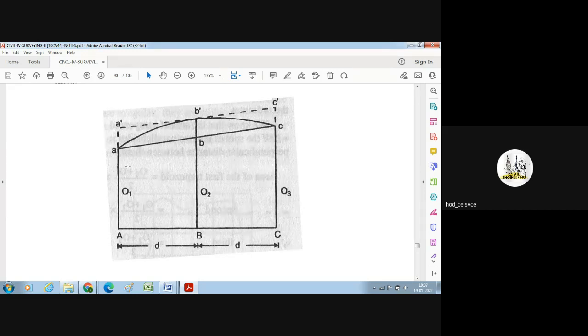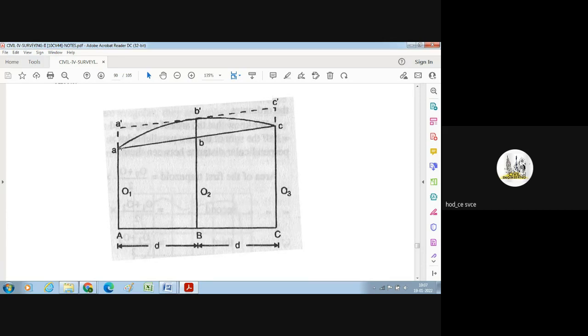Actually the curve will be like this. This is the parabolic curve, right? Instead of the parabolic curve, what we have taken is a trapezium, because I know how to calculate the area for a trapezium, right?